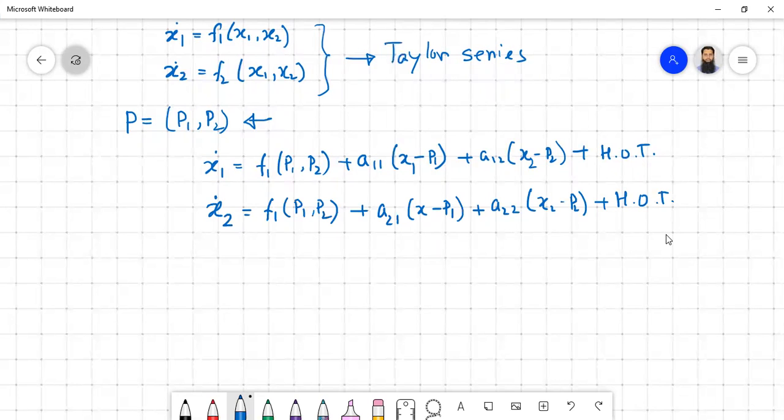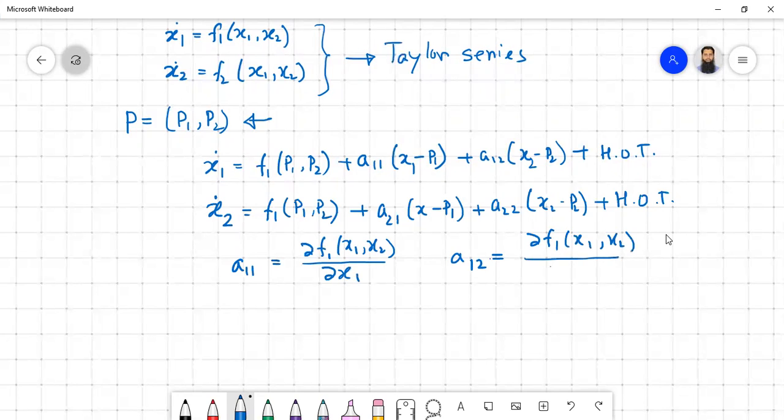What is our a11? A11 is the partial derivative of the function f1 with respect to x1, and a12 is the partial derivative of the same function f1 with respect to x2.